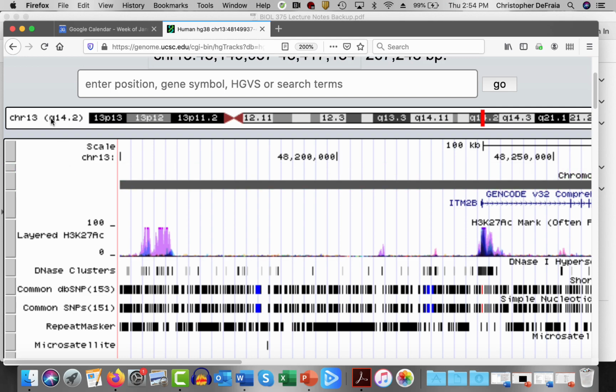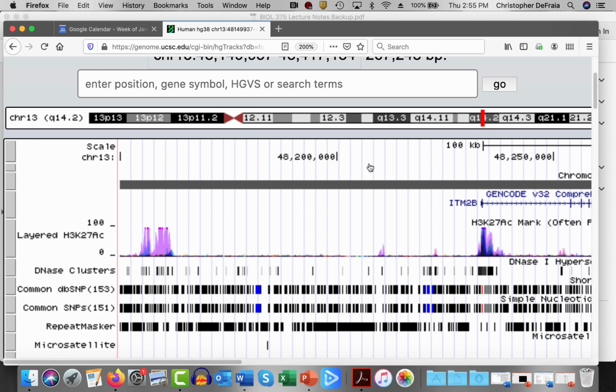In this case, it's on the Q arm of chromosome 13, band 1, subband 4, and subband 2. We can also see the location on the chromosome over here by this red line. We can see it's on the Q arm, and if you weren't seeing this red line here, it would say band 1, subband 4, subband 2.